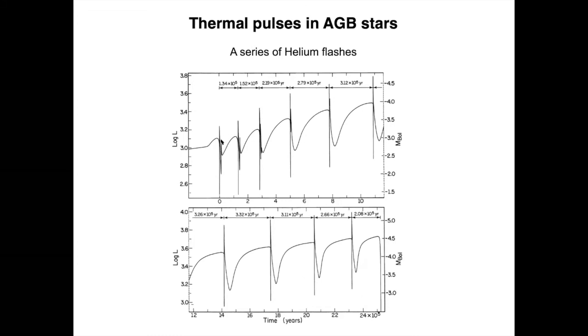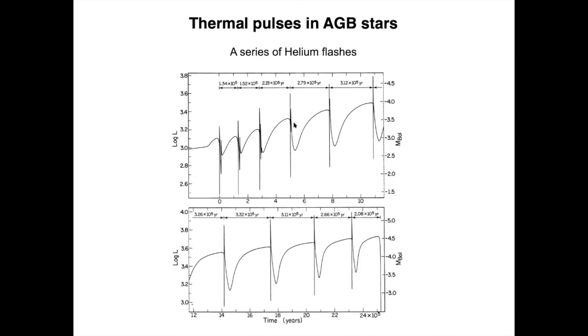As the helium is consumed in the triple alpha, the star contracts, heats up again, and the hydrogen shell then ignites again and dumps helium ash on the helium layer, and the process repeats in these thermal pulses. This is a series of helium flashes occurring at the helium burning shells. So these thermal pulses are essentially a series of helium flashes.